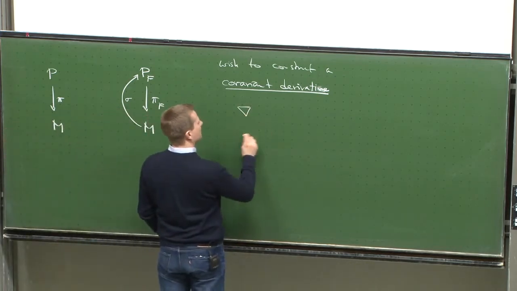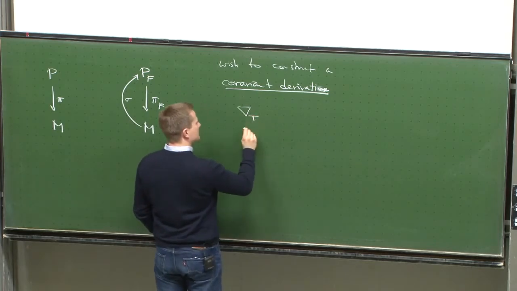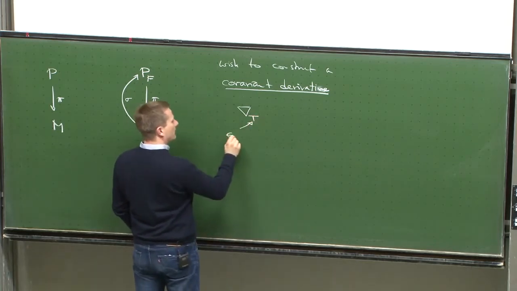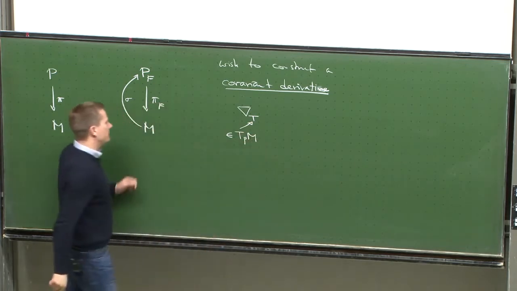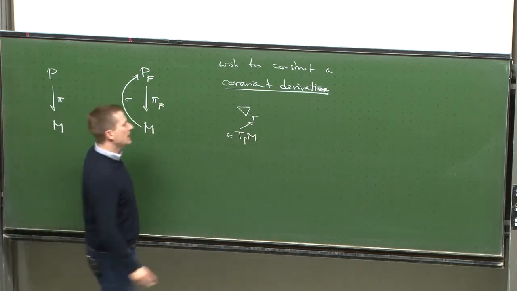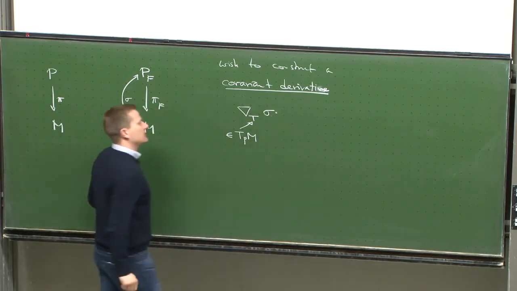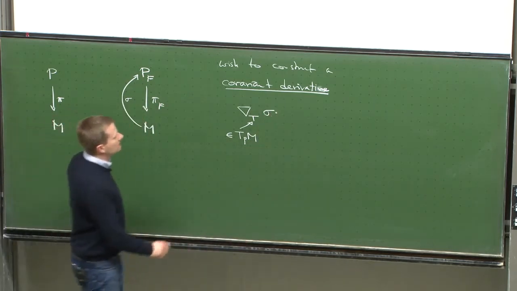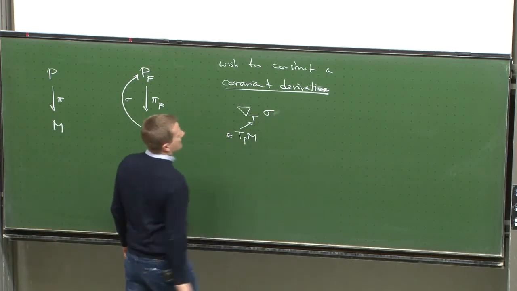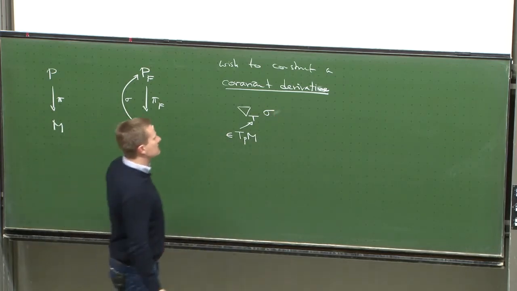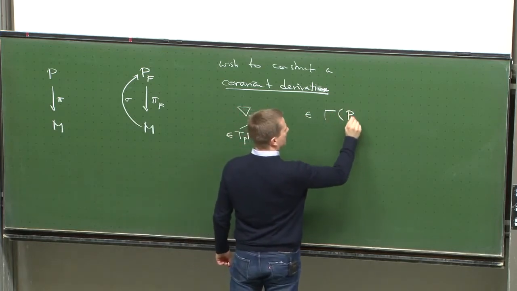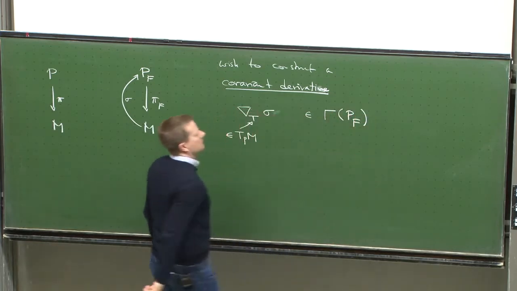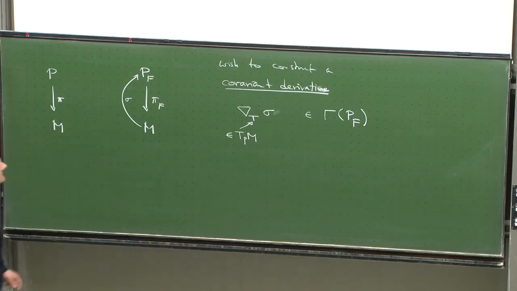So it's this covariant derivative. It eats a vector from the tangent space at some point to the base manifold. That's the whole idea. And it should act on this section. Okay? And what it should produce is, again, a section of the same bundle.